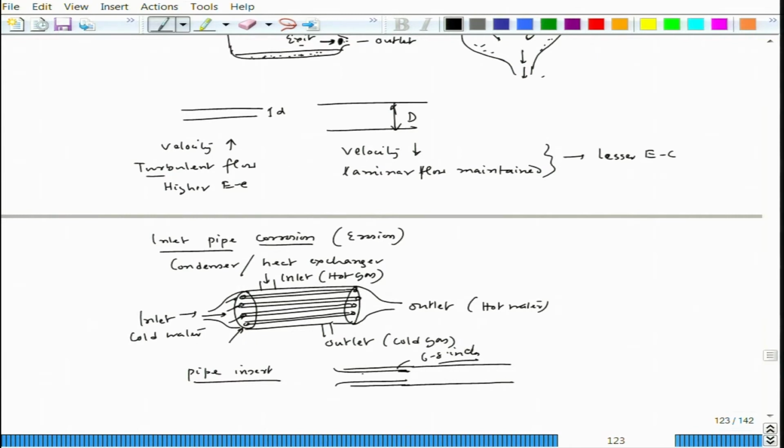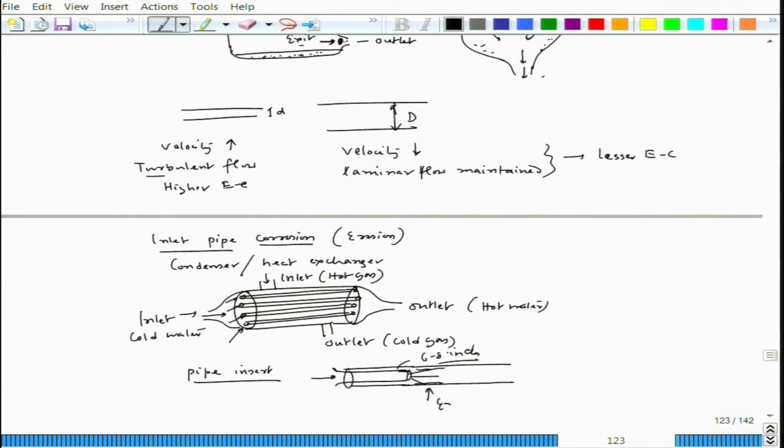So, this insert is now where inlet water enters through into the main heat exchanger pipe. In this portion at least there is no effect of the turbulence. Of course, when this water goes out close to the exit part of that insert, we can have a little bit of erosion effect.